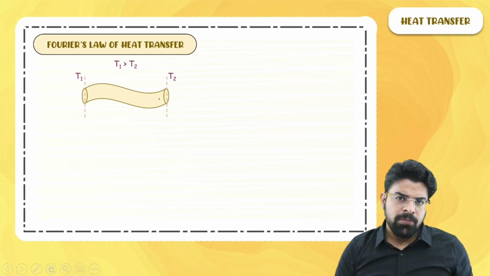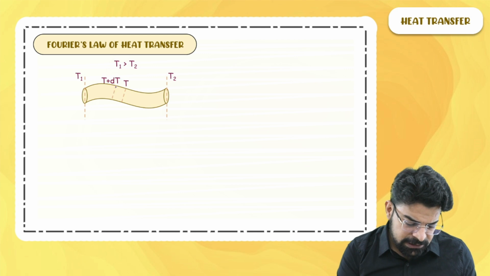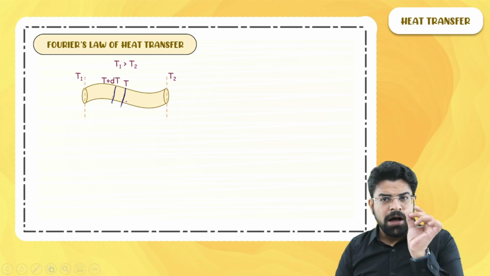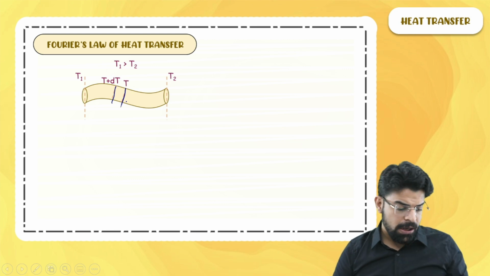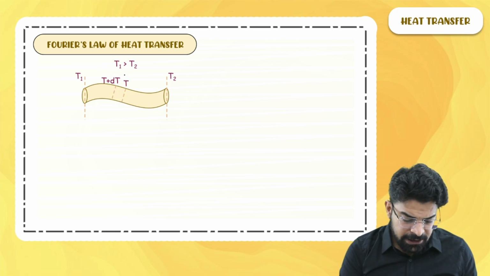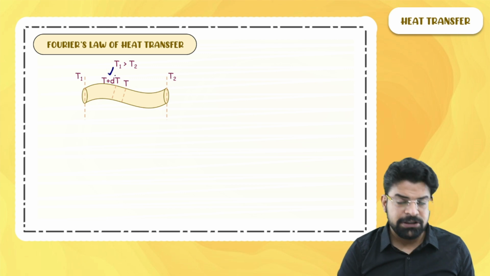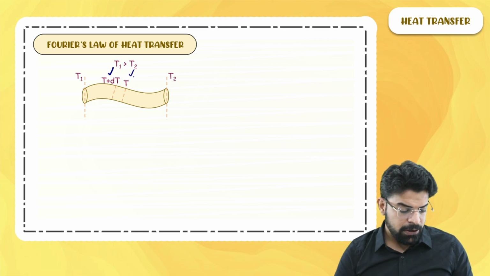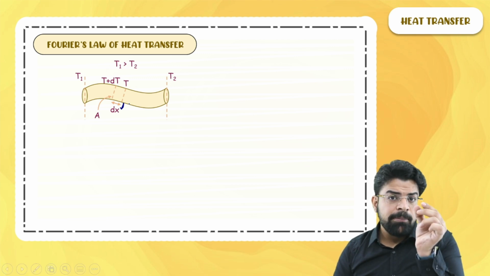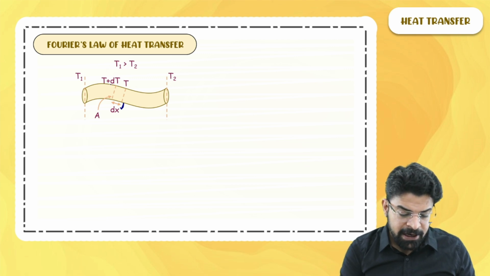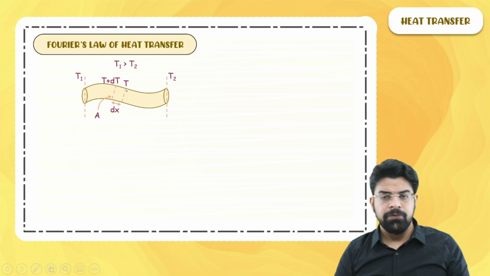Let's go at a random distance and think of two layers which are at infinitely small separation from each other. Now, let's say here the temperatures are T plus dT and T. In an infinitely small separation dx, the temperature will drop by an infinitely small amount dT.